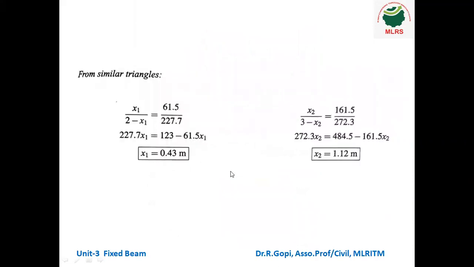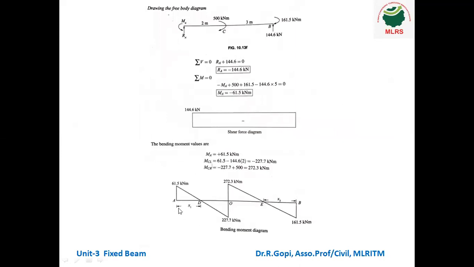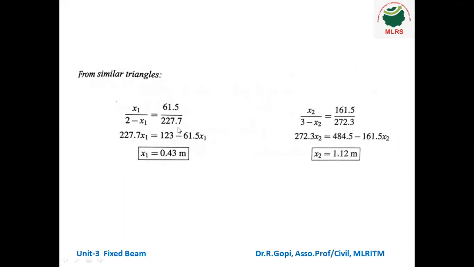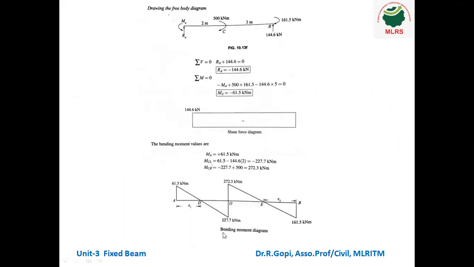So x1 divided by 2 minus x1, because the CD distance is 2 minus x1, equals 61.5 divided by 227.7.